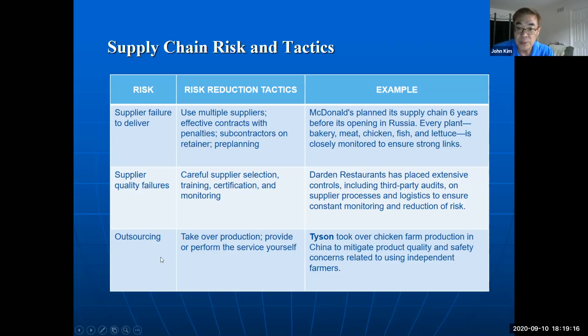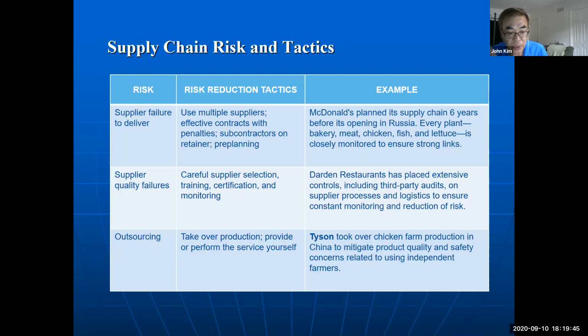And then outsourcing: they decide outsourcing or not, or bring in vertical integration. Hyundai has a parts company as a subsidiary. The name is MOBIS, M-O-B-I-S.